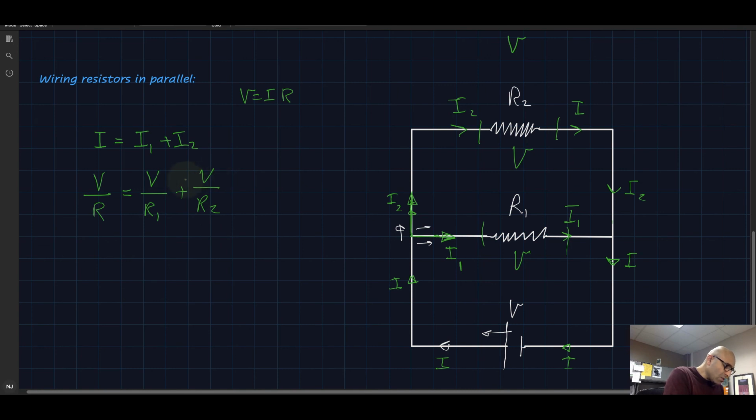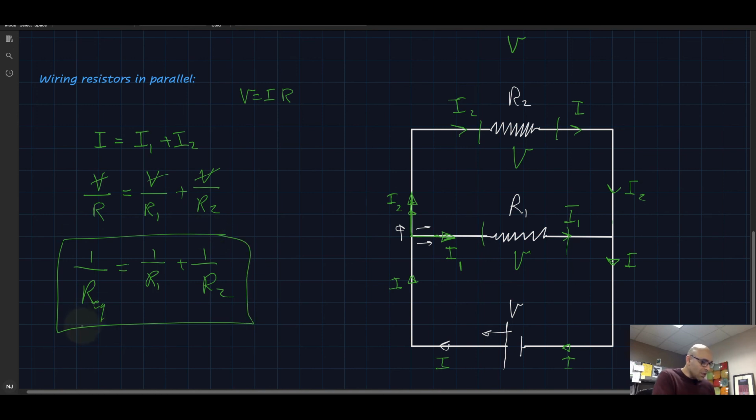Now divide this whole equation by V, and you end up with 1 over R, which I'm going to call R equivalent because that's the total resistance, equal to 1 over R1 plus 1 over R2. And this is the R equivalent of two resistors connected in parallel. If there are 3 resistors, you say 1 over R1 plus 1 over R2 plus 1 over R3, and the same if there is a 4th.